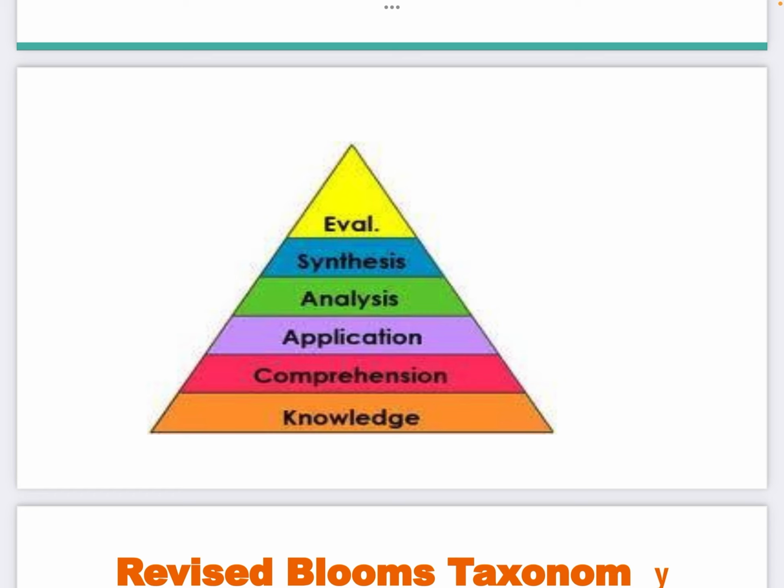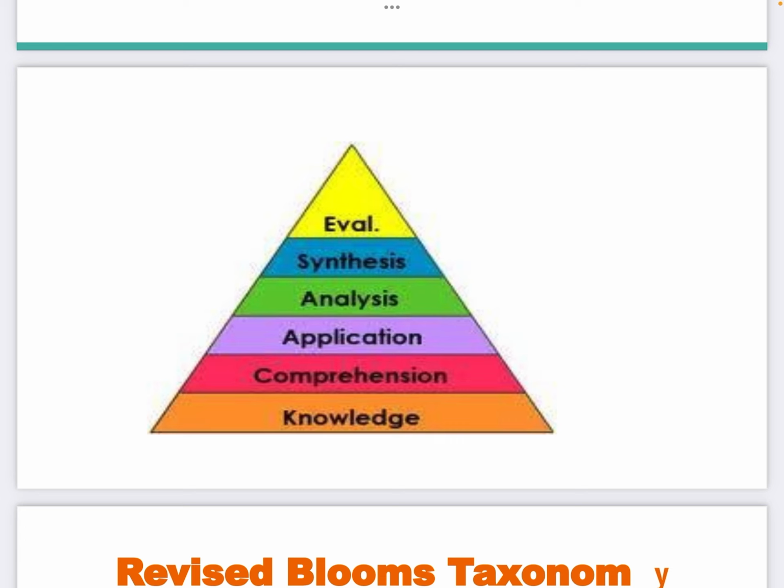Once you have the knowledge, you need to comprehend it, and only then are you able to apply that knowledge. Once you've applied it, you need to analyze, find out differences, and then ultimately reach a level where you can create something, and whatever you have created needs to be evaluated.